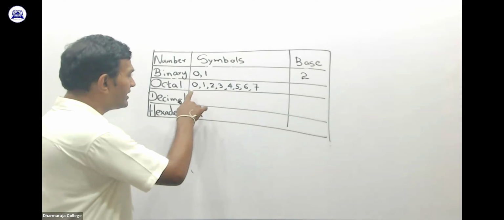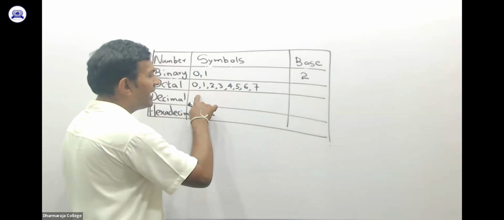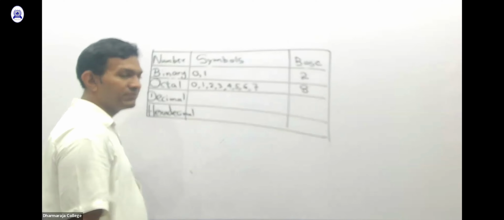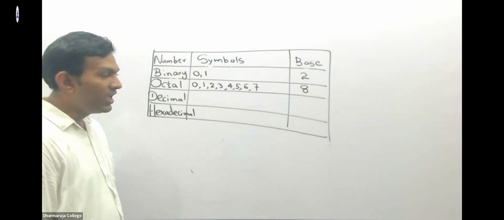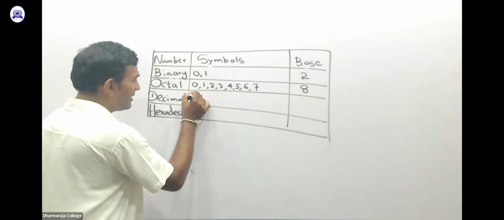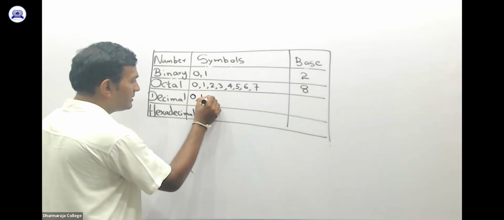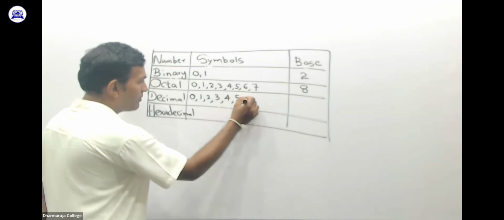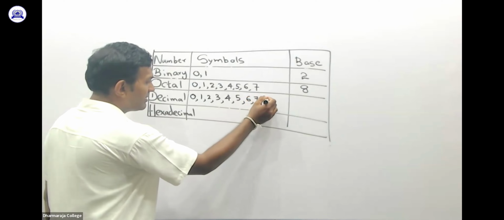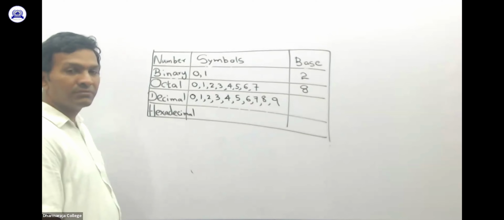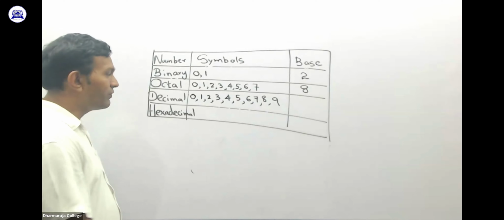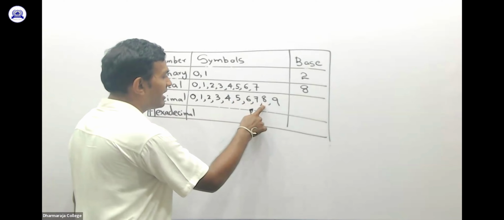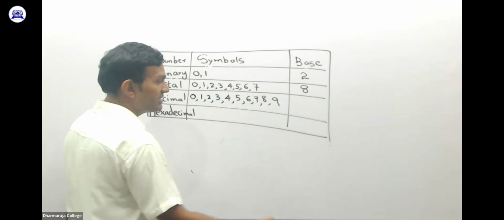If you count all these symbols, it is equal to the base. The base is 8. In decimal, you can see 0, 1, 2, 3, 4, 5, 6, 7, 8, 9. If you count all these together, 1, 2, 3, 4, 5, 6, 7, 8, 9, 10, the base is 10.